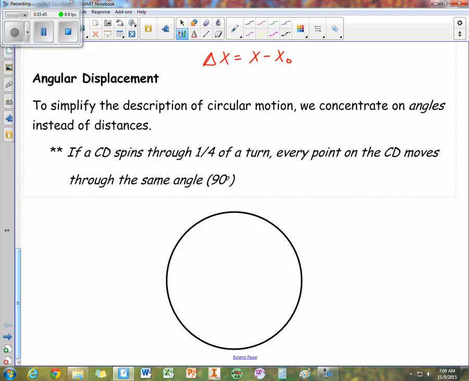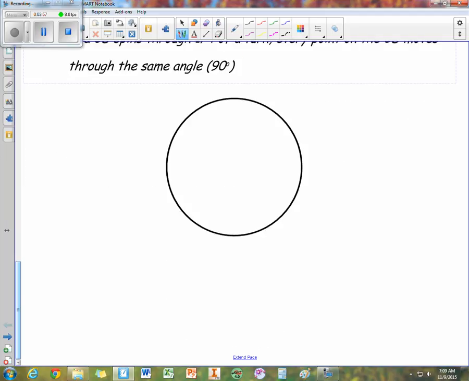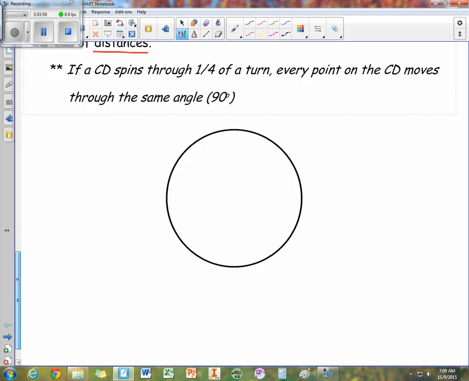And what this means is that we're going to use angles instead of distances or positions. So let's take a look at an example here. If we have a CD that spins through 1/4 of a turn, every point on the CD will move through the same 90-degree angle.